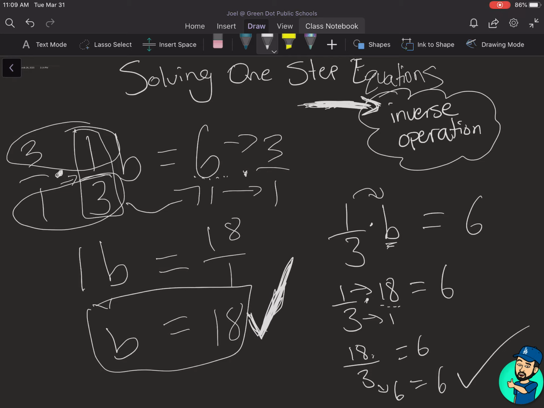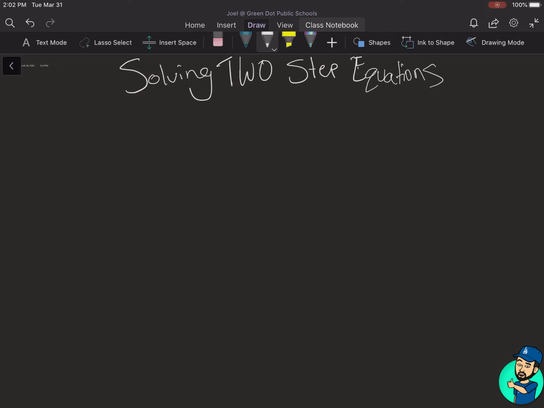Now, in our next lesson, it's going to be on solving two-step equations. So two-step equations will look something like this: 2x plus 1 equals 9.